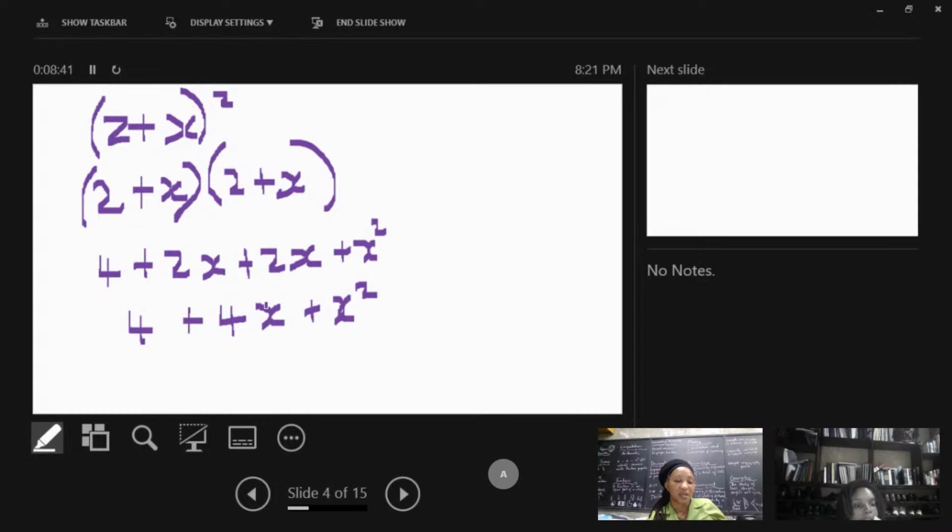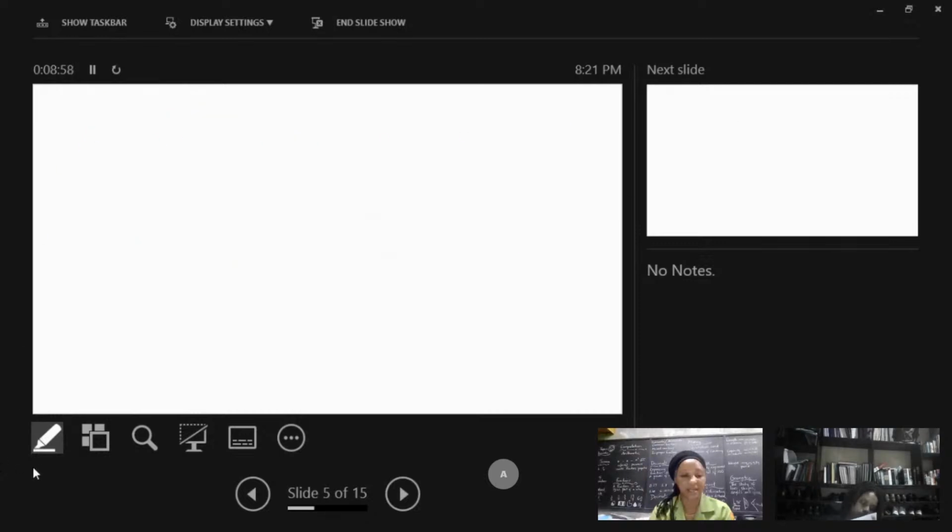All right. So what we're doing at this stage is to just expand it out step by step to show that it follows the formula. And then later on, we're just going to go straight to the formula.